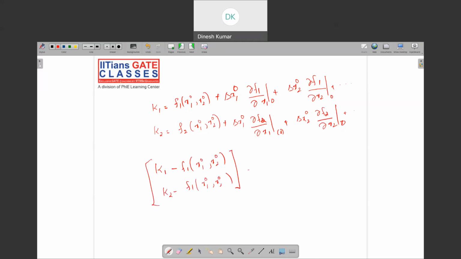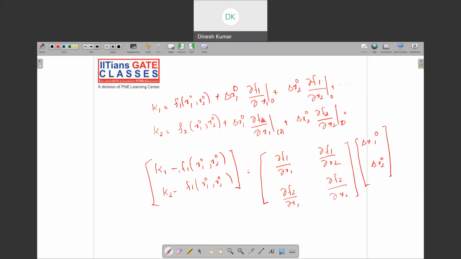That will be equal to the matrix of dou f1 by dou x1, dou f1 by dou x2, dou f2 by dou x1, dou f2 by dou x2, multiplied by delta x1 0 and delta x2 0.